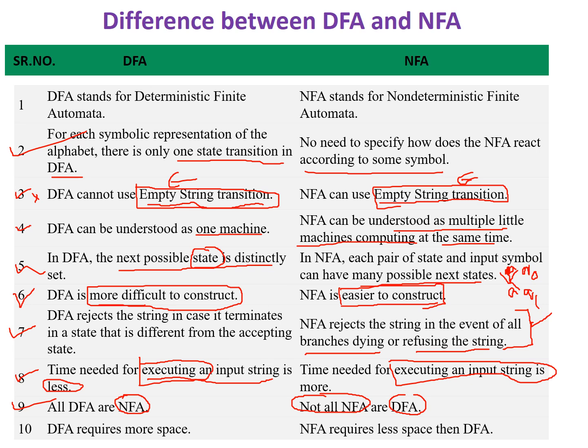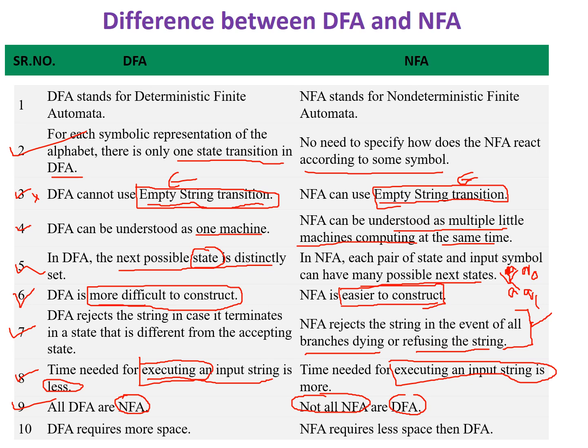So these are the major differences between NFA and DFA. Thank you. Please practice based on these points. Based on the marks, you have to choose the best ones and write them.